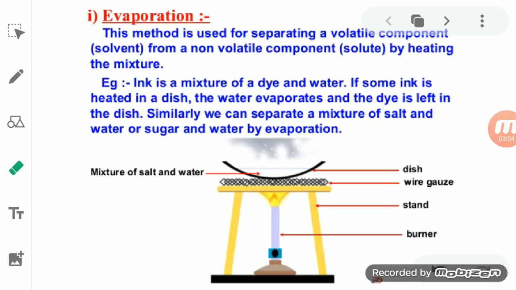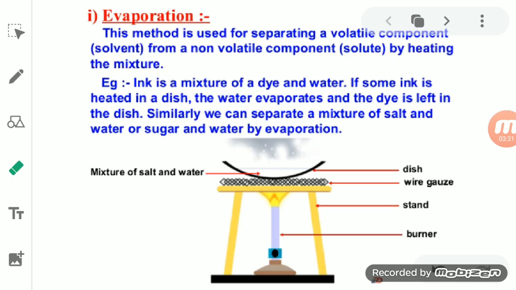So when you give a small amount of heat to it, that substance will evaporate. By this method we can separate a volatile component, that is a liquid, that is a solvent, from a non-volatile component, which is a solute, by heating the mixture.